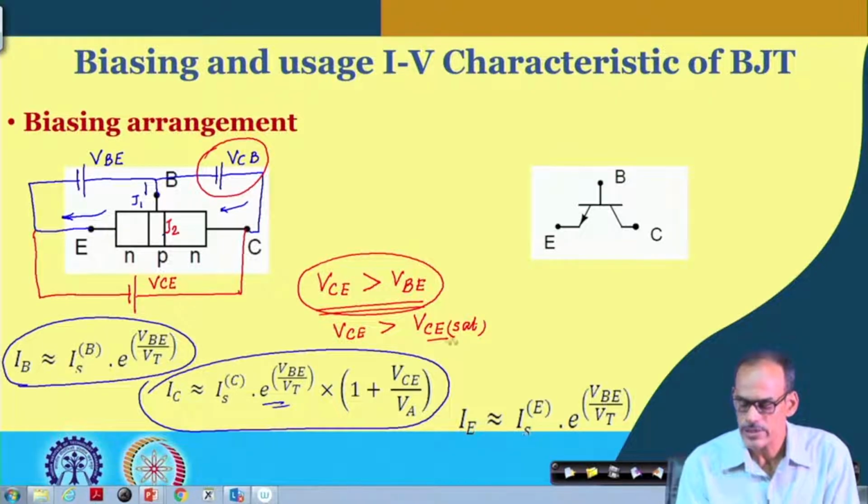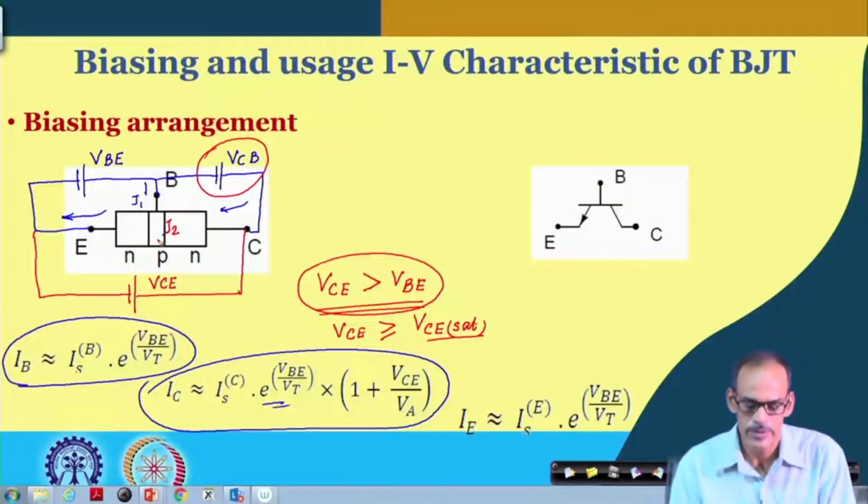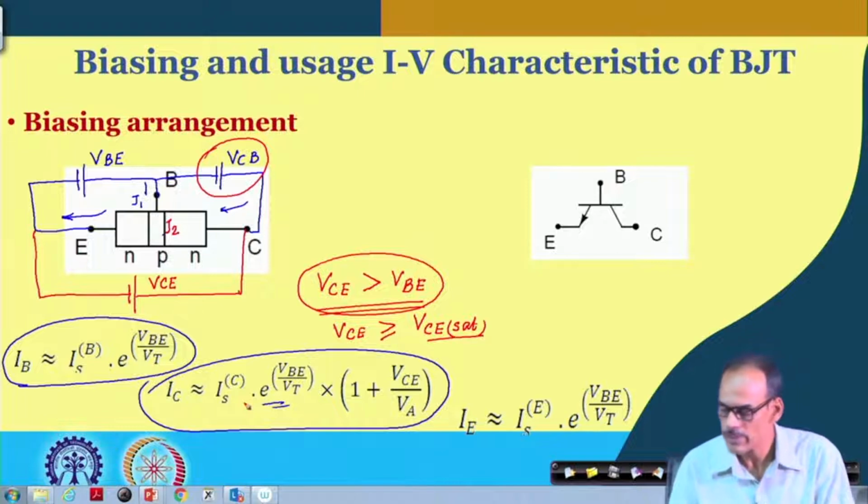We may discuss why we call it sat, but as long as VCE is higher than this voltage, then for all practical purposes, though the second junction may get weakly forward biased, these equations of the currents remain valid.